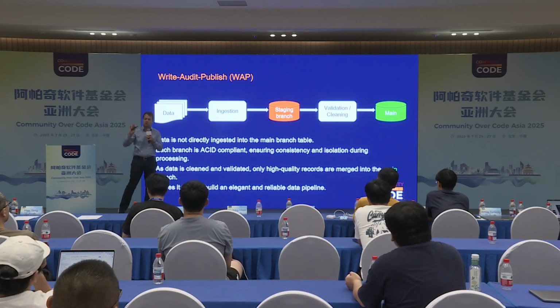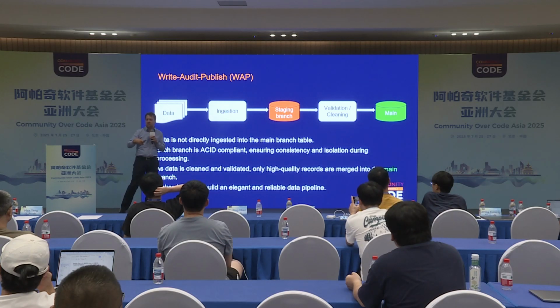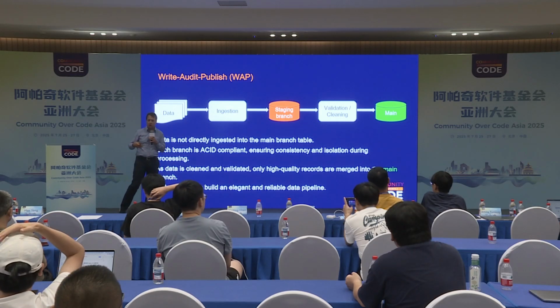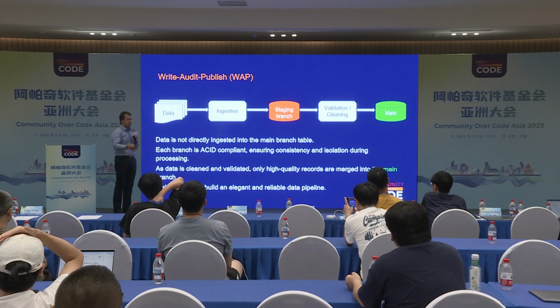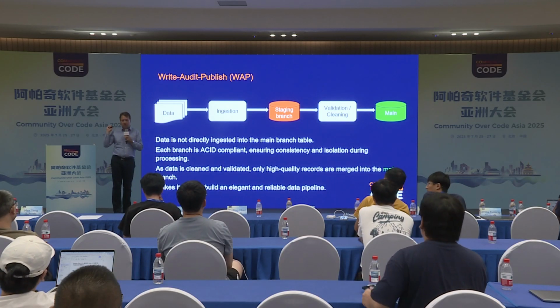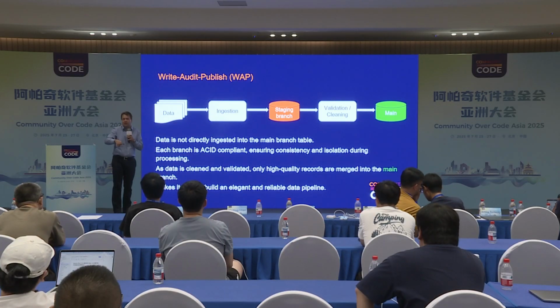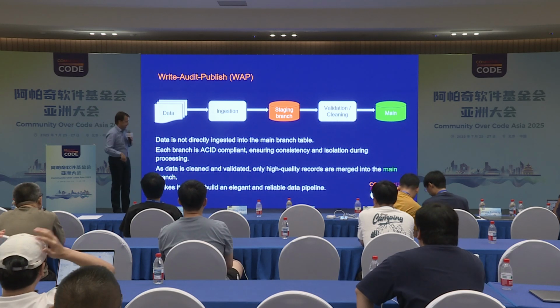You are ingesting into the staging branch, and you have some kind of validation, cleaning, auditing, to see that the data is valuable. And only the valuable data you merge back into your customer table. And everything else should be dropped. And we will see how easy it is. Because if you are directly inserting into your branch and you fail, you afterwards need some kind of cleaning work, update, delete, whatever, and it is not so cool.